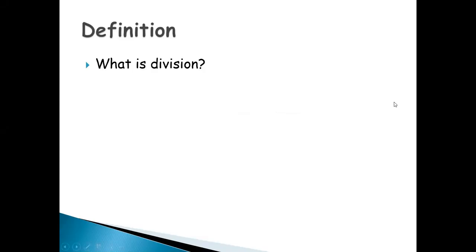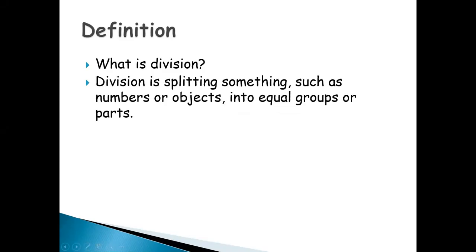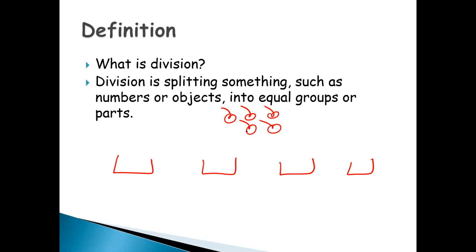Let's start. What do I mean by division? What is division? We use division for what? Division is splitting something, such as numbers or objects, into equal groups or parts. For example, if we are dividing the apples into boxes, say we have 4 boxes, we are distributing, or splitting, the apples into boxes.